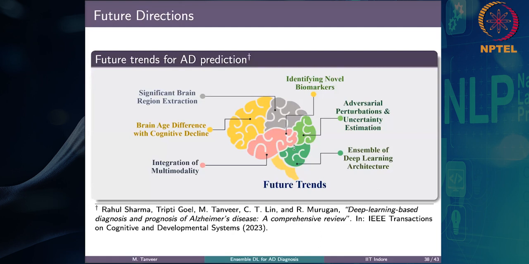Such architectures and applications should be focused on. There is a lot of scope, especially for Alzheimer disease: how to see the brain age with cognitive decline, integration of multimodality, identifying the biomarkers and uncertainty estimations, and developing deep learning algorithms or ensemble deep learning algorithms.